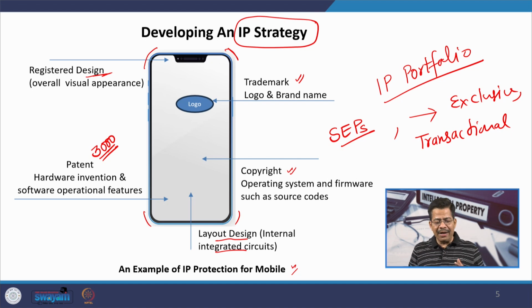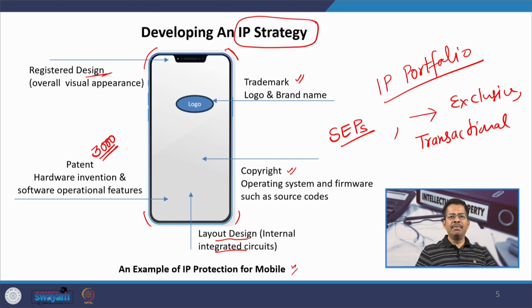So, accordingly, I develop IP strategy, because if I only remain the market leader and there is no other company in the market, the market will also not grow. So, I need to create some competitors also. If I am Apple, I need Samsung also, I need Nokia also, I need Motorola also.